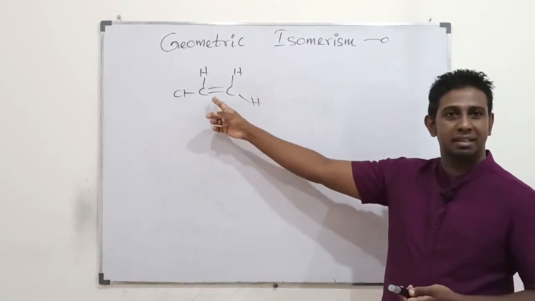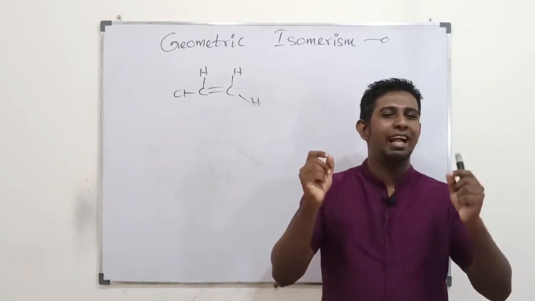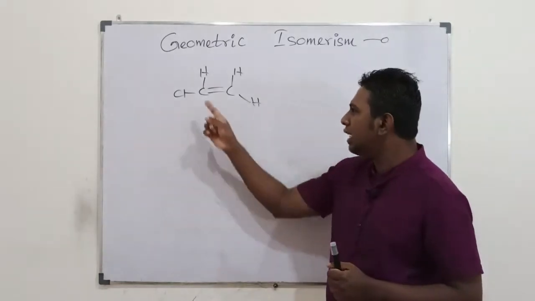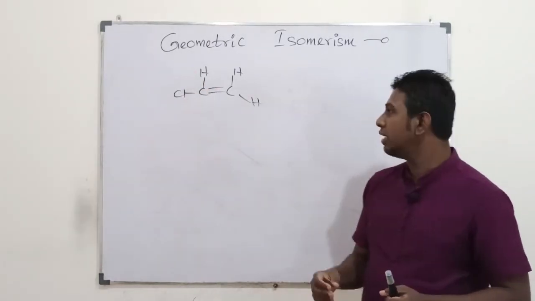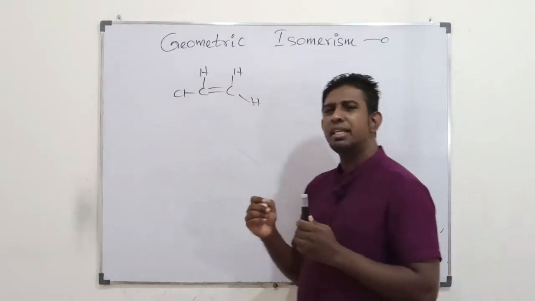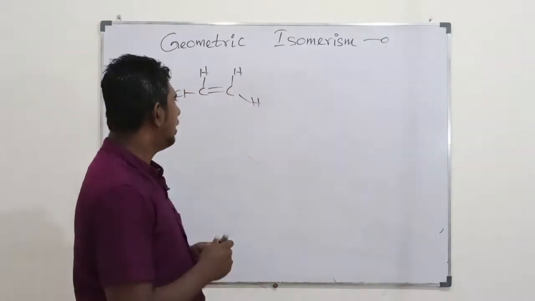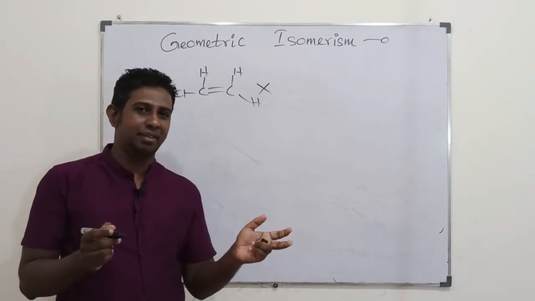Yeah, we have that here. Then on each carbon you need to have two different groups. Here you have two different groups. It's hydrogen and chlorine atoms. Here you don't. It's the same hydrogen atom. Therefore, this is not exhibiting any such geometric isomerism.